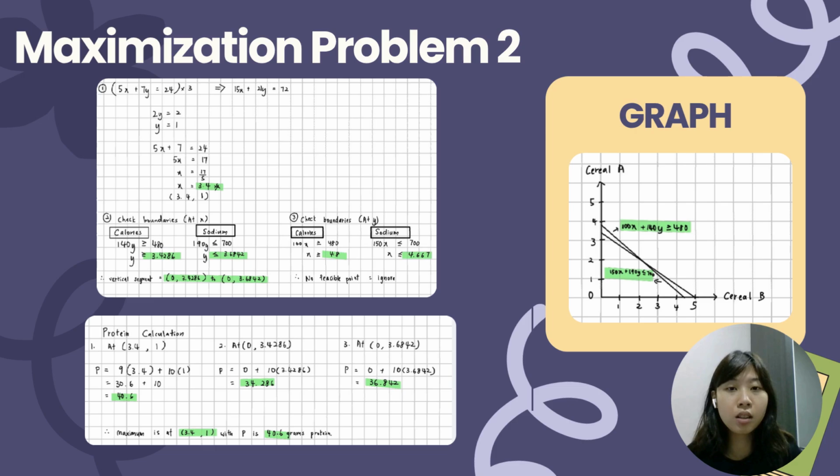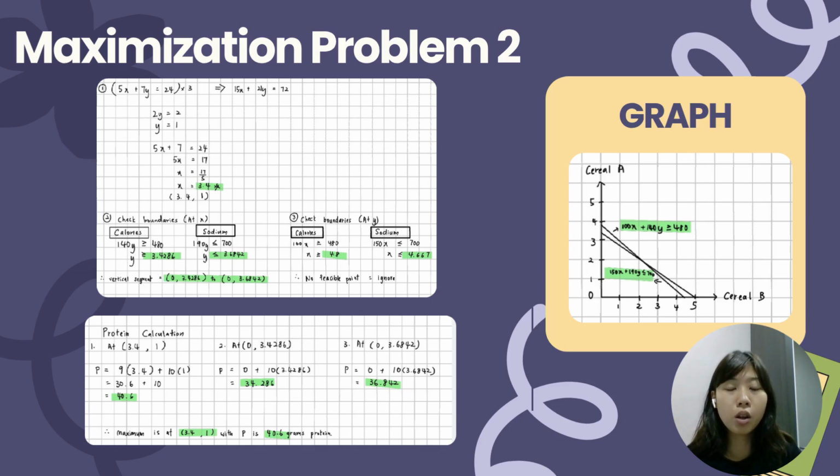After simplifying, we get linear equations that we can graph. Next, we find the boundary lines and determine their intersection point. This point represents the feasible region where all conditions are satisfied.